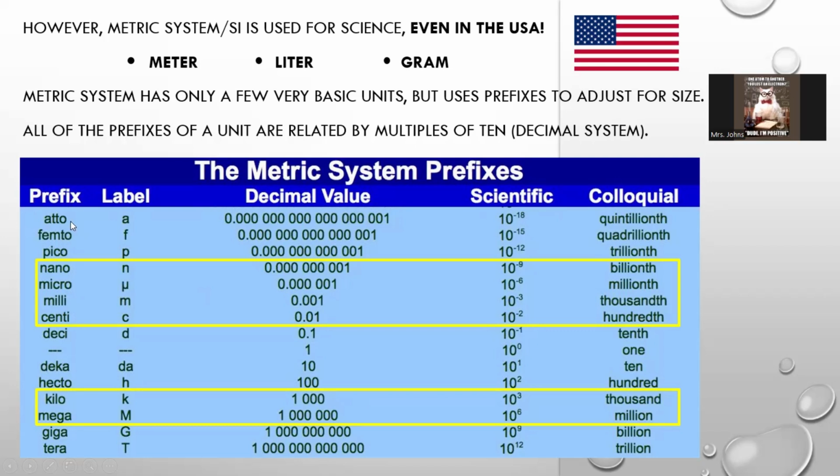So all the way up, each one is smaller by a factor of 10. And likewise, if we go down on this chart, each one is bigger by a factor of 10. So a kilometer is equal to 1,000 meters.